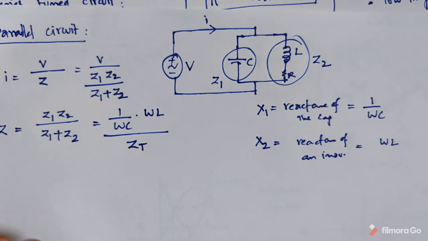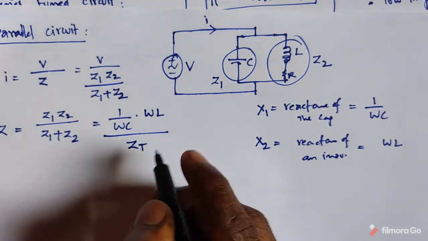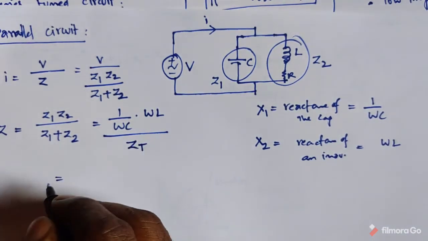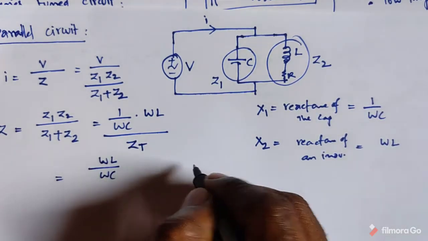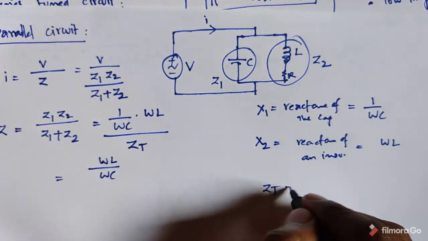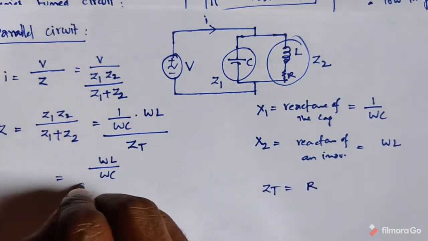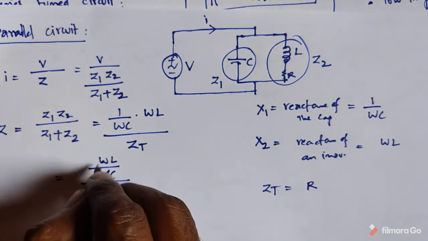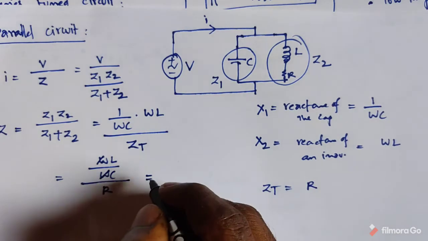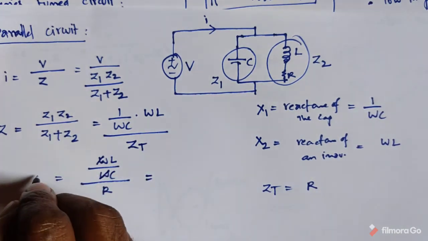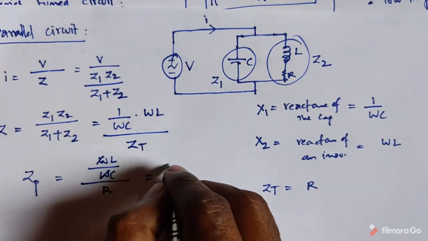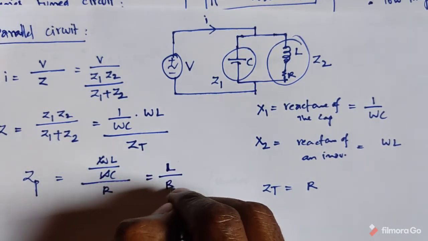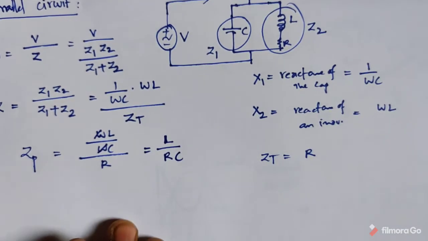It can be represented as omega L by omega C, where ZT is the total resistance value by R value, and omega cancels. Finally, you get the total parallel impedance, which is L by RC.